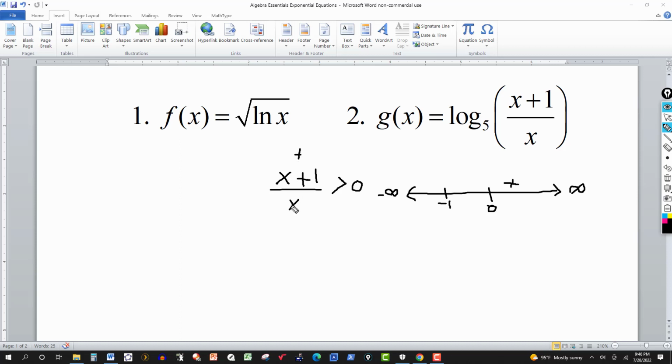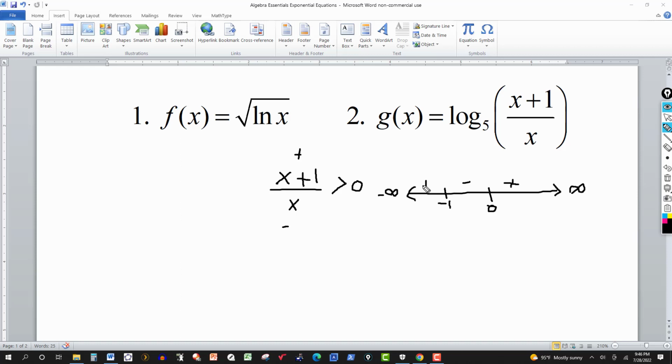And then -1/2 in the denominator will be negative. Positive over negative will be a negative. And then to the left of -1, we'll pick -2. So -2 where the x is in the numerator will give me a negative, -2 plus 1. And then -2 in the denominator is negative. Negative over negative is a positive.